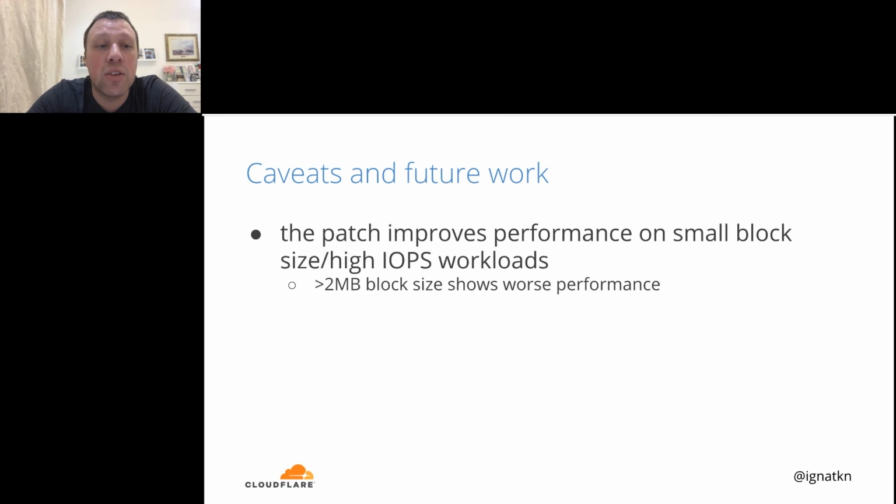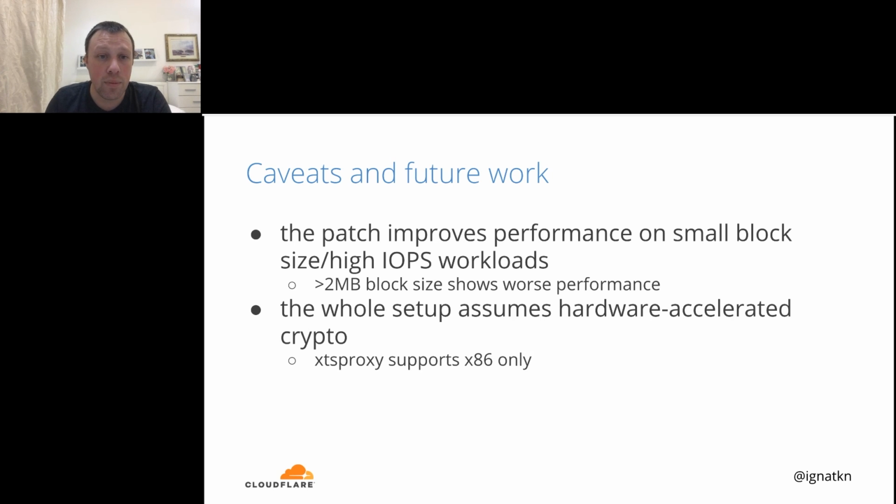But if you increase the read-write block sizes, the tipping point is around 2 MB, it actually sometimes shows worse performance on some other workloads. Again, the whole setup assumes hardware accelerated crypto, so it currently works only on x86 platforms with a hardware accelerated AES implementation present, which is more than x86 platforms, but still.